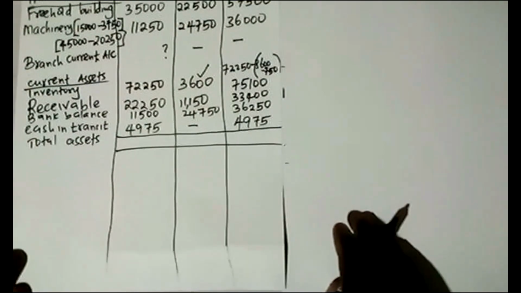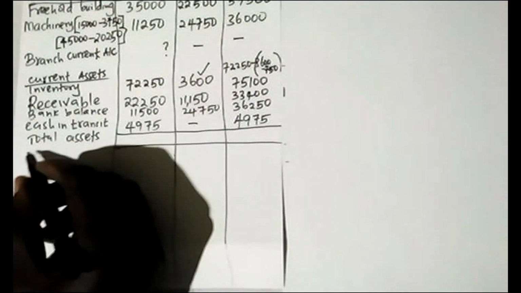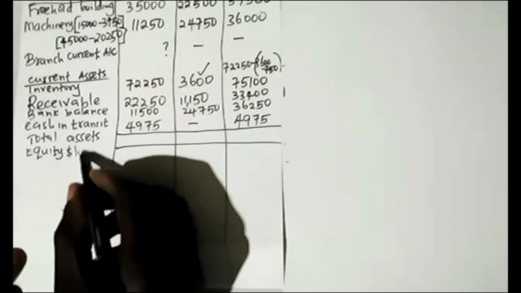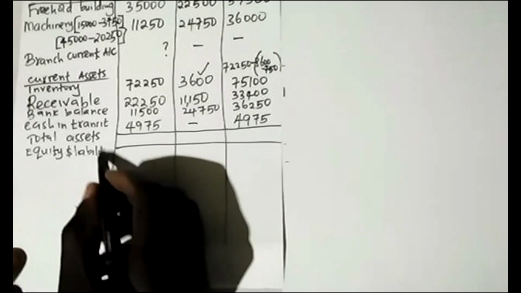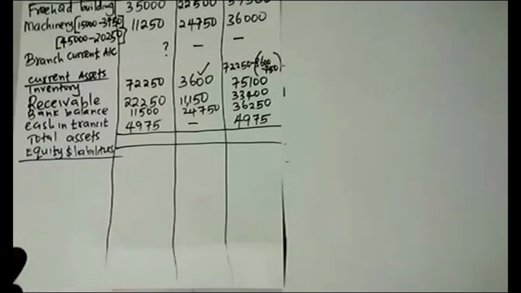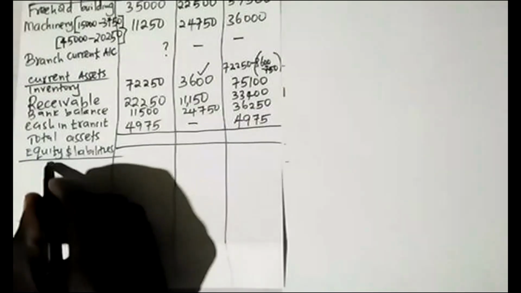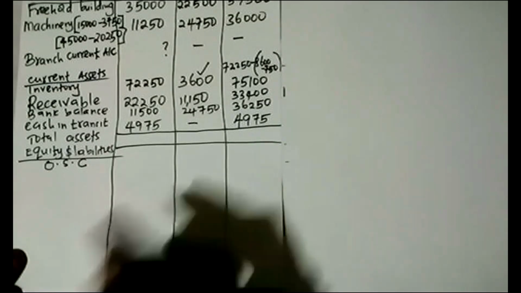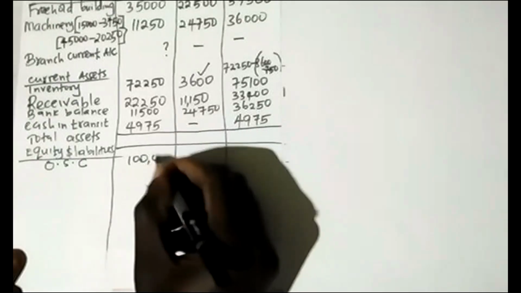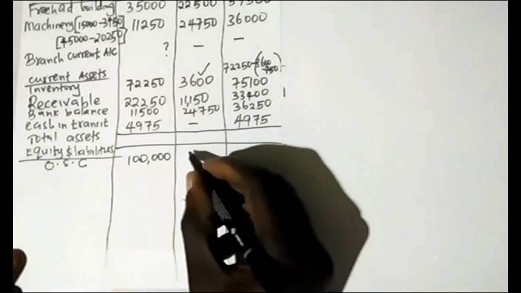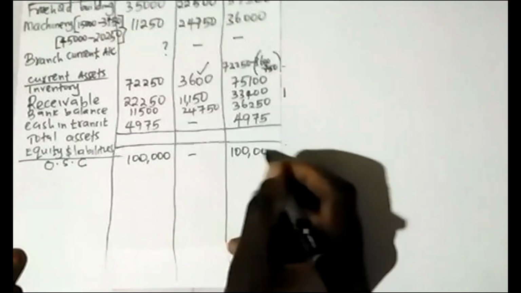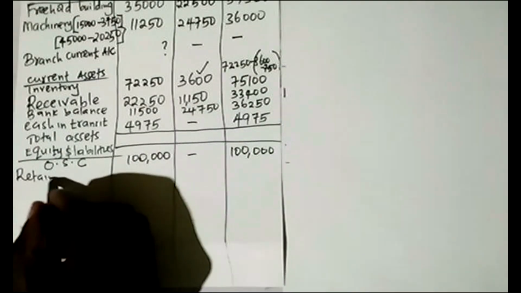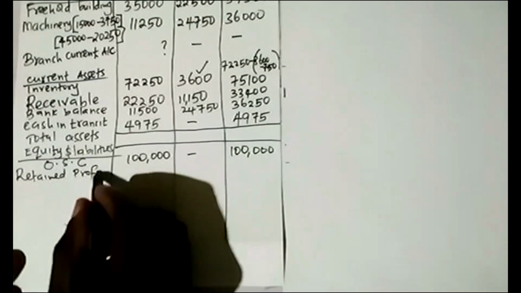The next thing we have to talk about is equity and liabilities. For the equity and liabilities, I will just use the abbreviation ordinary share capital. The ordinary share capital is given under the Adobe's 100,000, and this one is 100,000. They're combined. Then we have to take the retained earnings or retained profit.